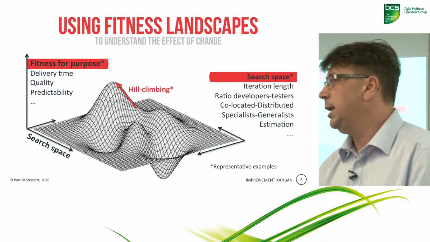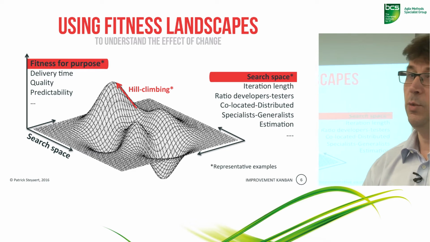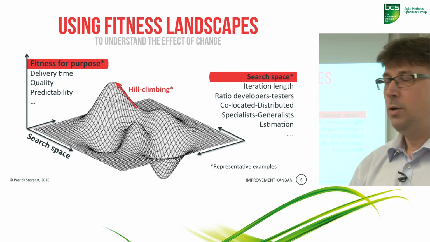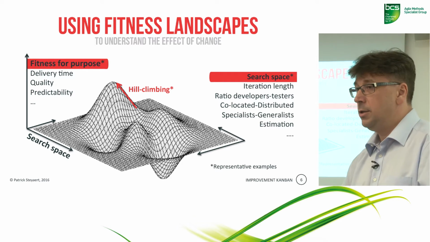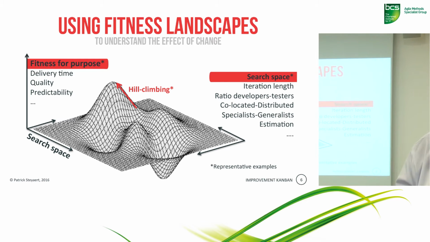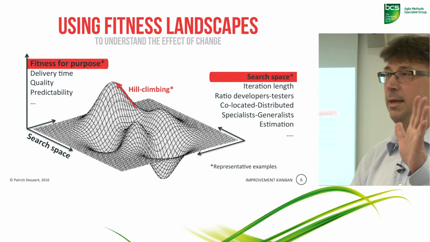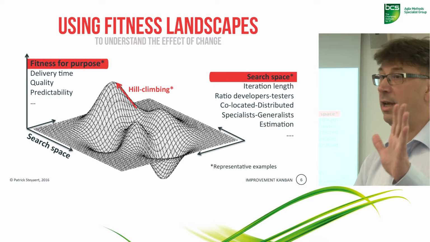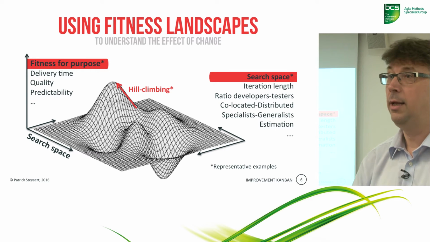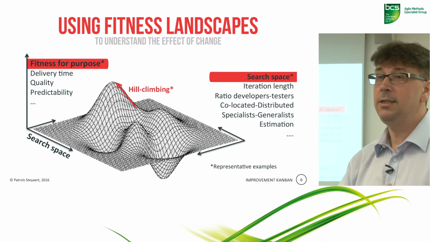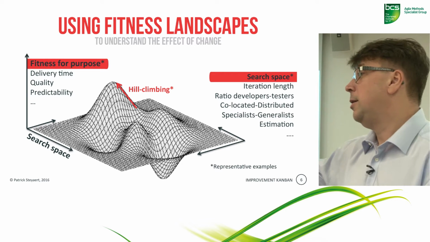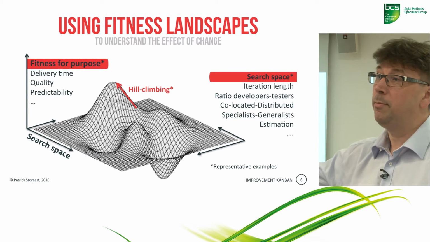What I'll also be doing is to use fitness landscape as a way to evaluate the effect of different types of change. So fitness landscape, who's familiar with fitness landscapes? It's used in evolutionary biology as a way to visualize the relationship between the genotype, or genes, and fitness.